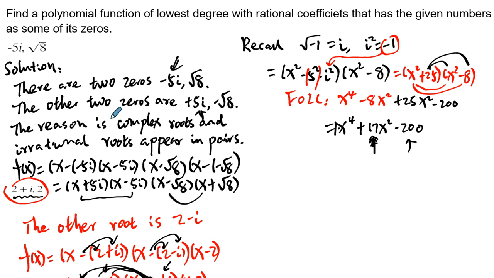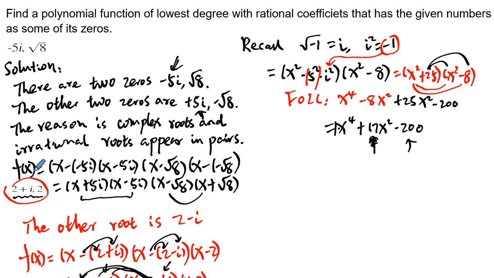The reason is complex roots like negative 5i, positive 5i, or the irrational roots, positive radical 8, negative radical 8, they appear in pairs. Complex roots and irrational roots appear in pairs.